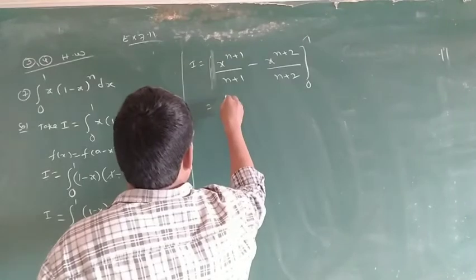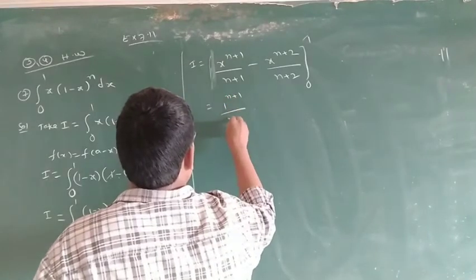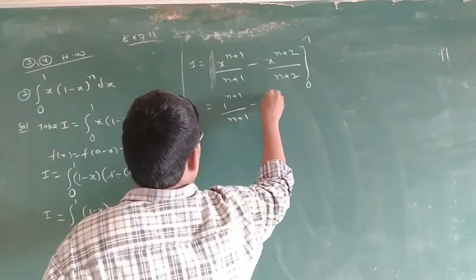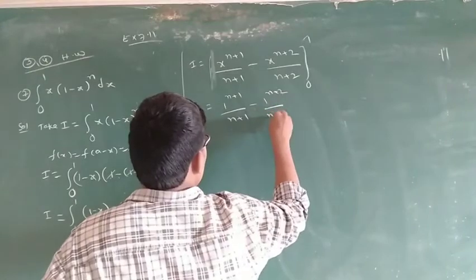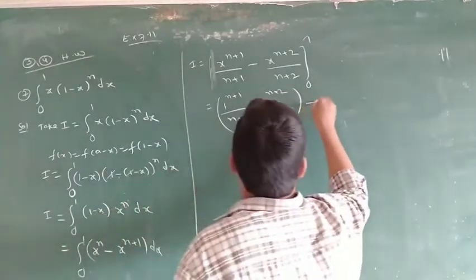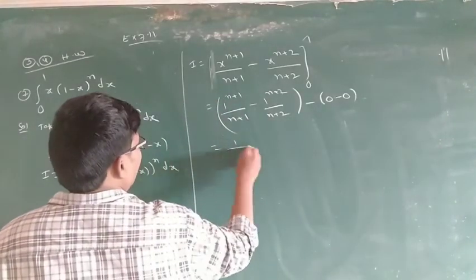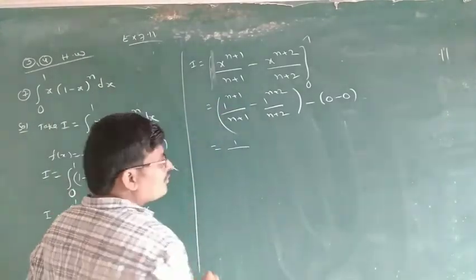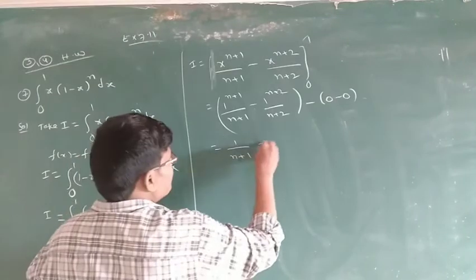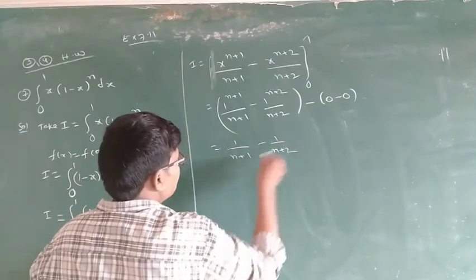So 1 power n plus 1 by n plus 1 minus 1 power n plus 2 by n plus 2, upper limit minus lower limit; 0 power anything is 0, and 1 power anything is 1. So 1 by n plus 1 minus 1 by n plus 2.